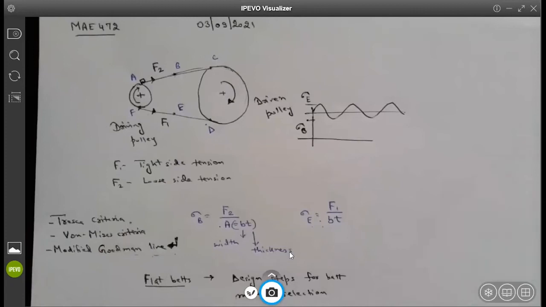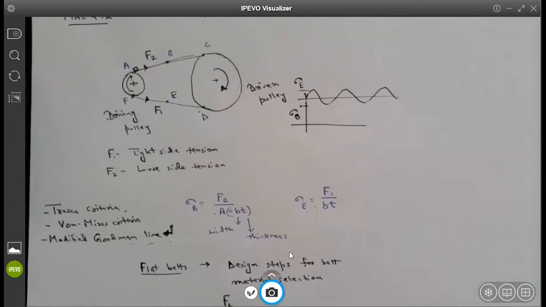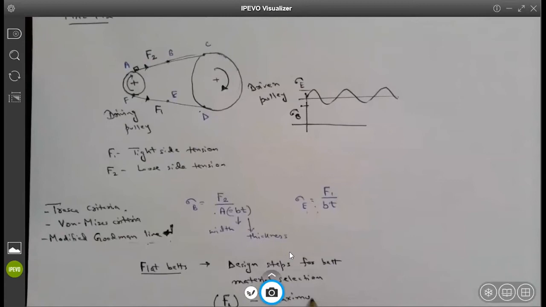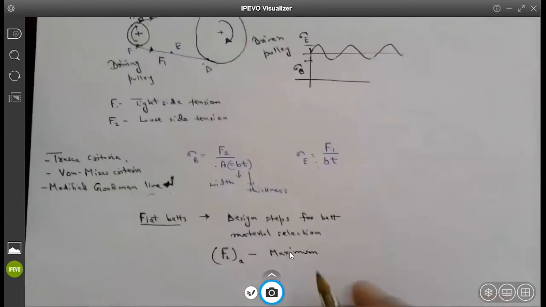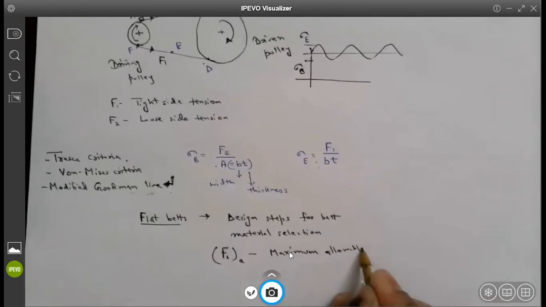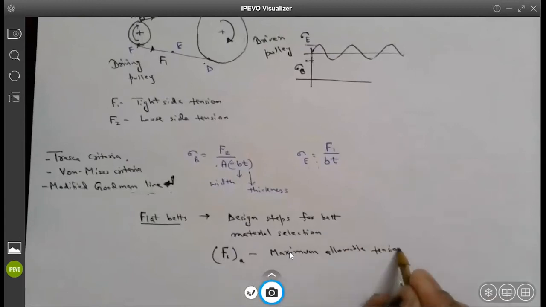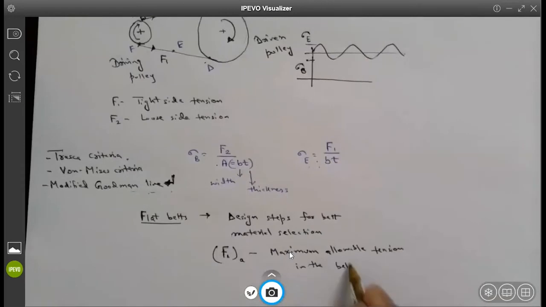Because what we see is how to calculate F1A, the maximum allowable tension in the belt material, and that was our driving condition for deciding the width of the belt, or the thickness of the belt, or the material of the belt. So we do not go explicitly into working with this individual failure theory.